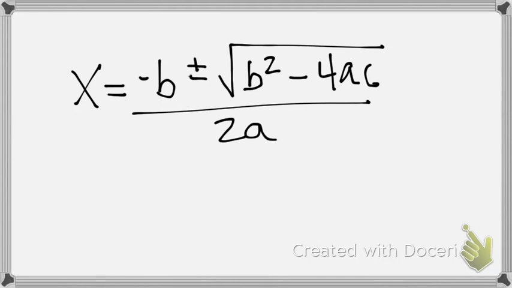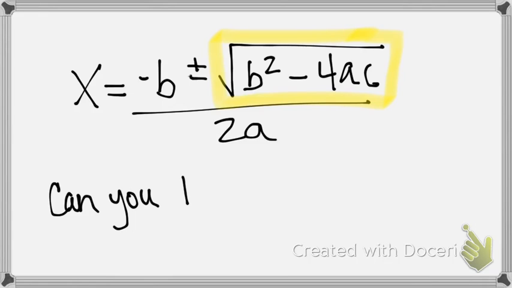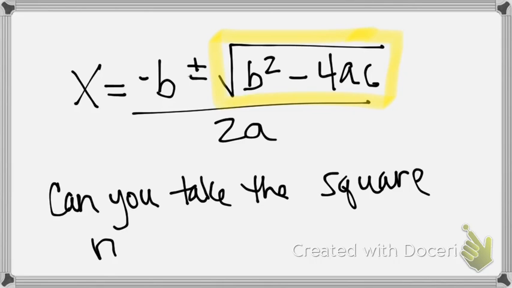And what I'm talking about is the discriminant, which is just that piece. If that under the house is negative, what happens? Well, can you take the square root of a negative number? No. No, it gives you an error on your calculator, right?